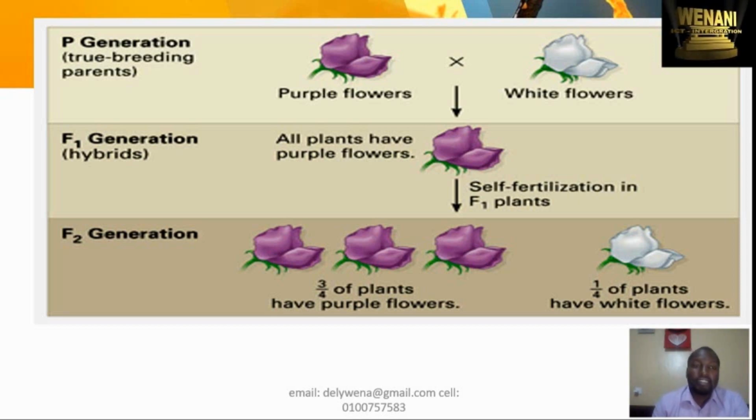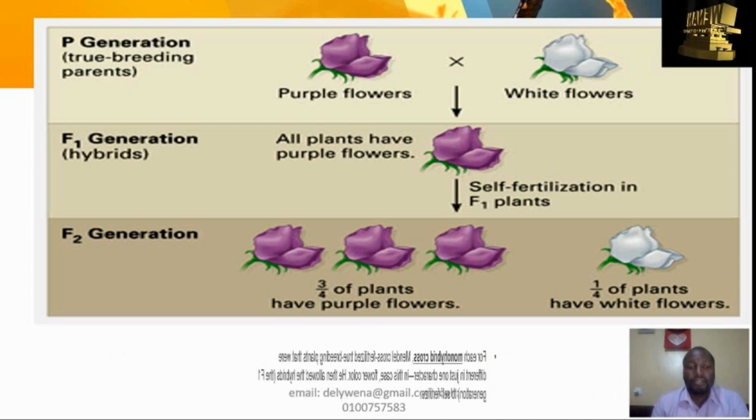Then Mendel went ahead and self-fertilized the offspring of the first generation. When he did that, he obtained a second generation. In the second generation, he found that there was a mixture of purple and white flowers. But there was a ratio, that is 3:1. Out of every 4, there was 1 which was white, but 3 of them were purple.